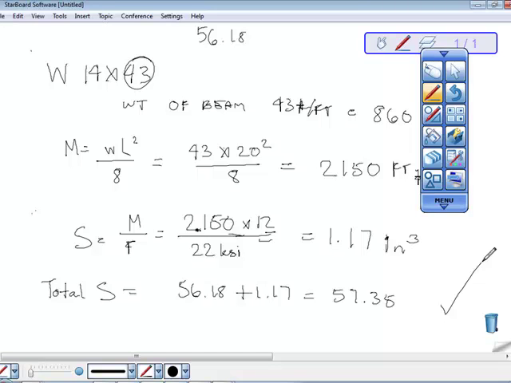Not yet. So I put on the canvas what the problems were, but basically it's the problems in the book. I didn't do all of them, I did most of them. But you just need to go through them and match up their examples with what they're asking you to do and figure out if the beam is safe or whatever it is they want to know, or what the maximum load is.